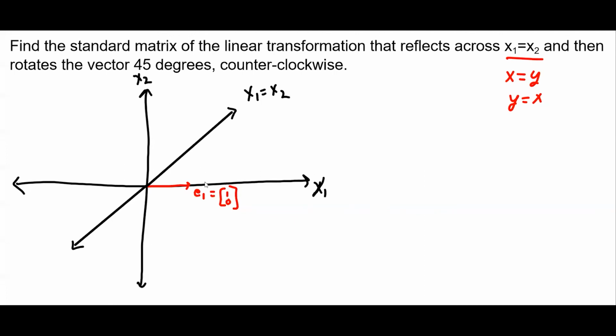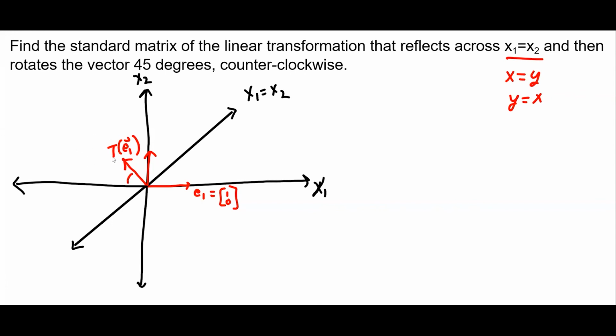So it's going to reflect across that line. So if I reflect there, I get this vector. And then rotates 45 degrees counterclockwise. So that would be 45 degrees there. So this is T of E1. So what is this vector? So it's a 45-degree angle.